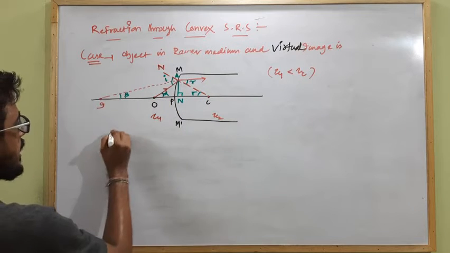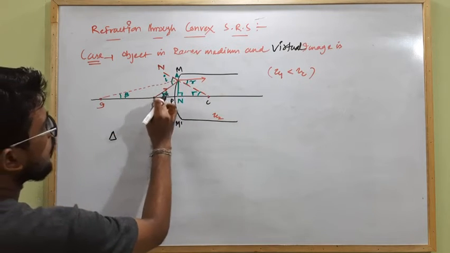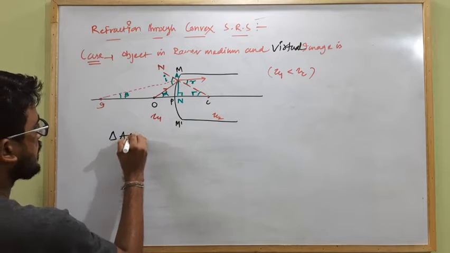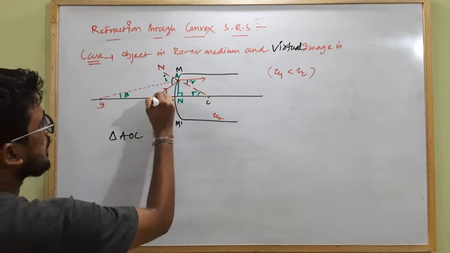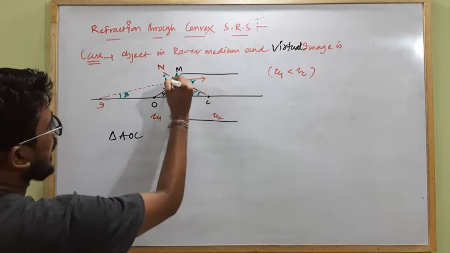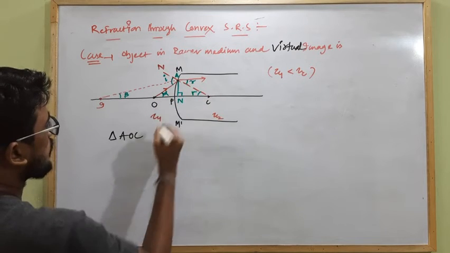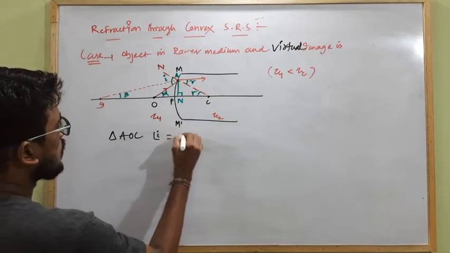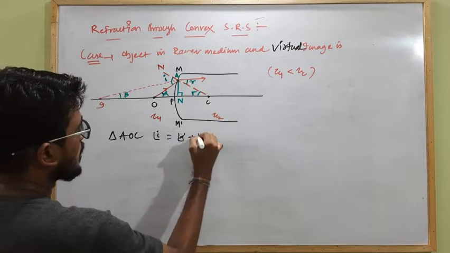So here in triangle AOC, i is the exterior angle which is equal to alpha plus gamma, angle i equals alpha plus gamma. Clear?